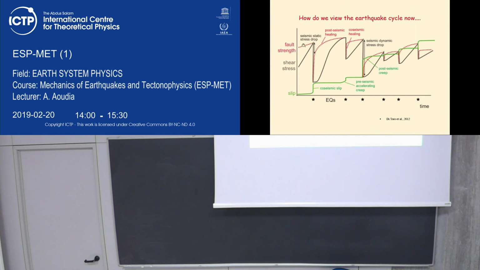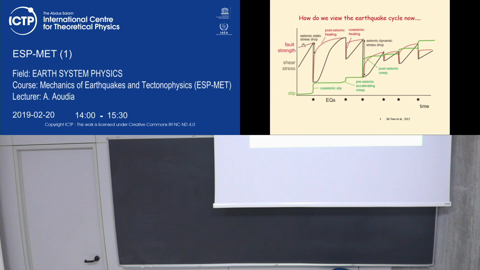So if we look at the slip, anything that is slip is what is represented in green. Then what you have is that slip starts likely to increase before the rupture. Then you have a sort of nonlinear behavior here, and then you get your rupture, and then afterwards the slip is behaving right after the earthquake in a nonlinear fashion till it gets to a flat, and then again.